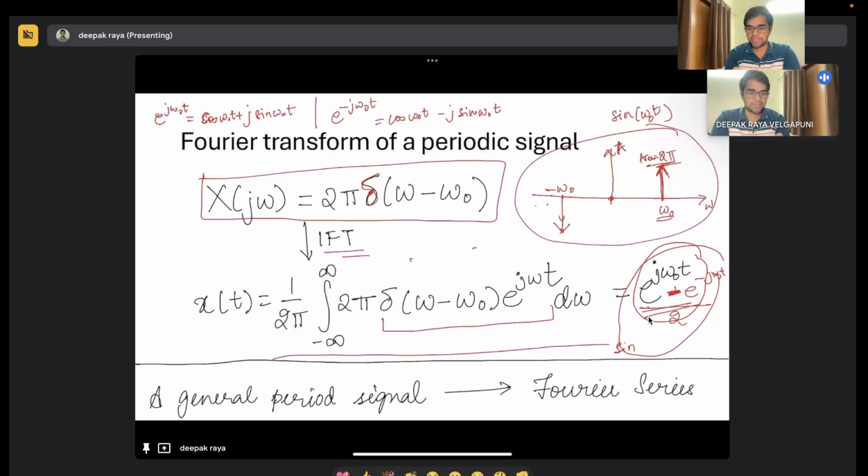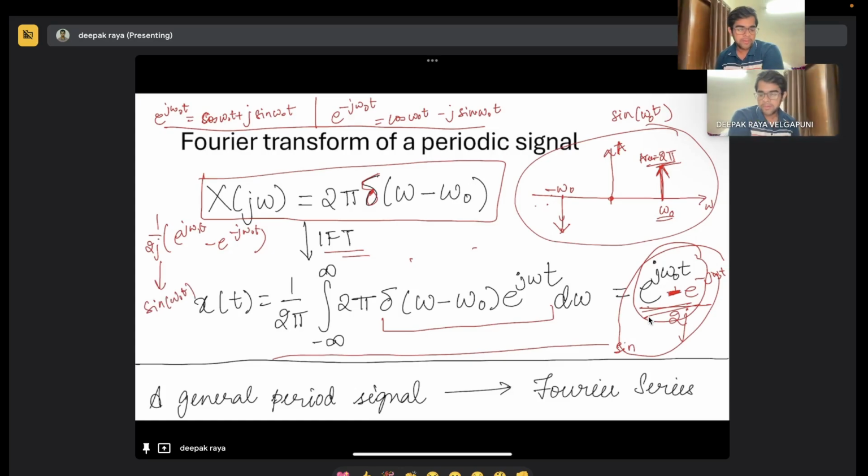So you're replacing omega naught with minus omega naught, and since sine is an odd function, you get a minus out of it, and cos is an even function, so it remains the same. When you subtract these two signals and divide by 2j, so 1 by 2j times e power j omega naught t minus e power minus j omega naught t, this will be equal to the sine omega naught t function.